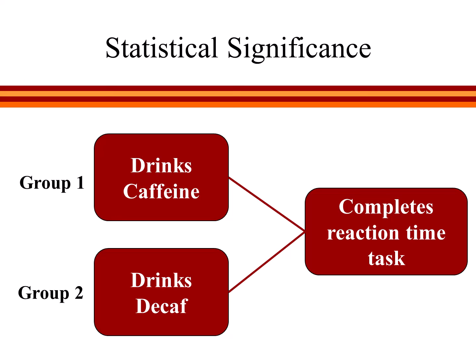Let's say that the average reaction time in our caffeine group is around 0.2 seconds, while the average reaction time in the decaf group is 0.3 seconds. So the caffeinated group was faster, but only slightly, by about 0.1 seconds to be exact. So is this difference enough to say that caffeine actually decreases reaction time, or were the results simply a fluke?